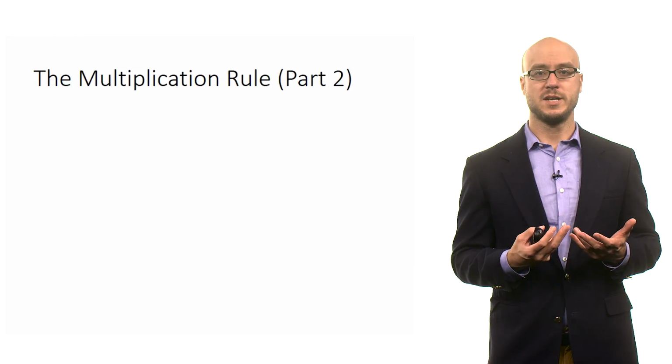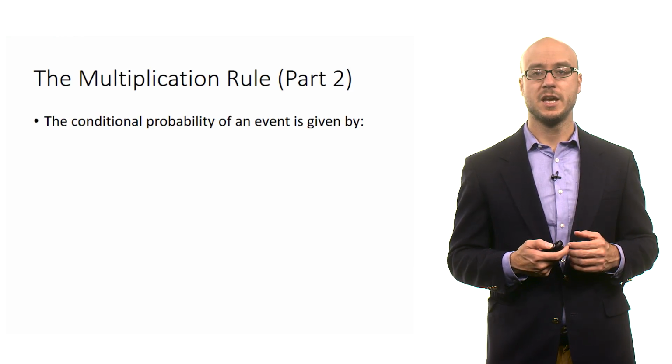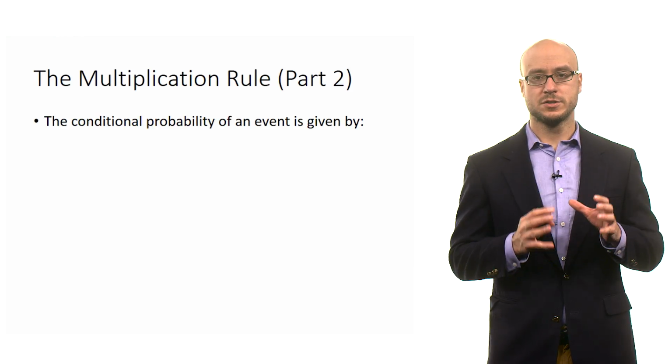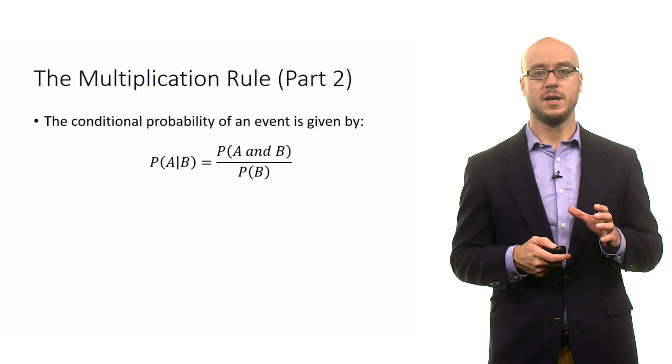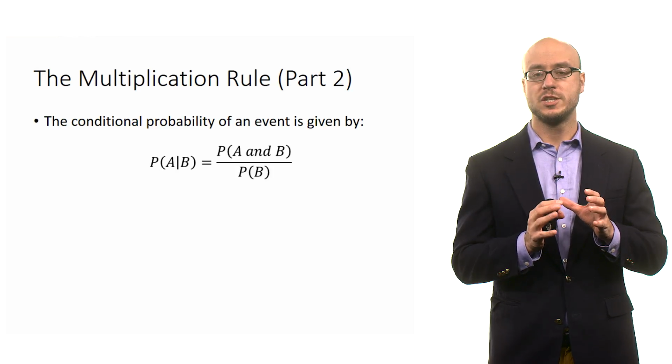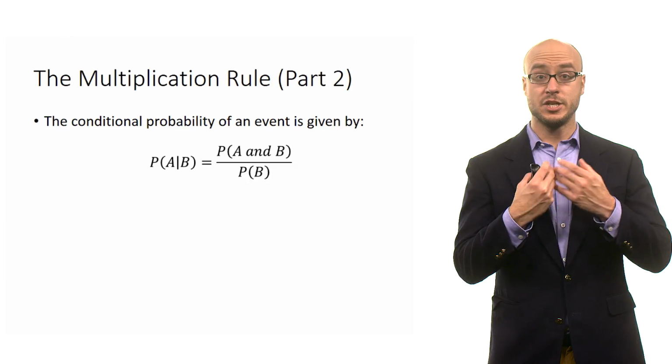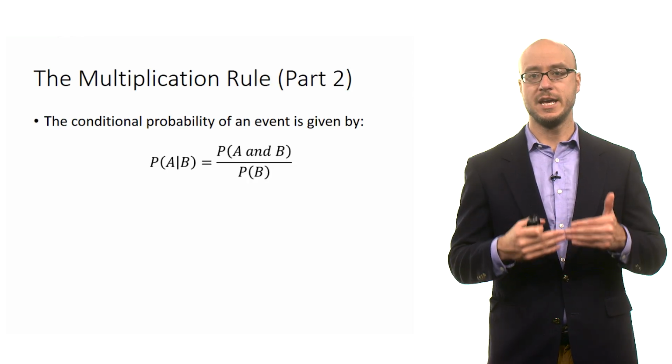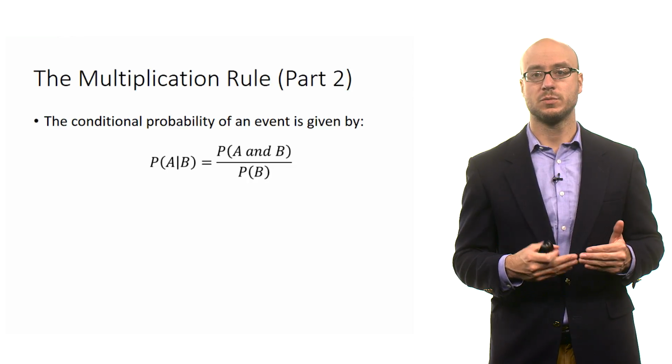We like to express the multiplication rule in a slightly different way. You can also write the multiplication rule in a format in which you're trying to find a conditional probability, and you're given a joint probability and an unconditional probability.